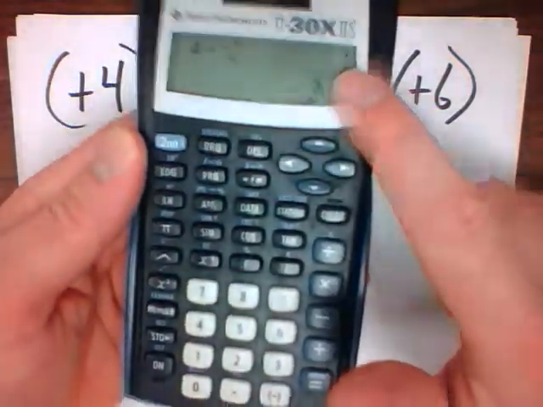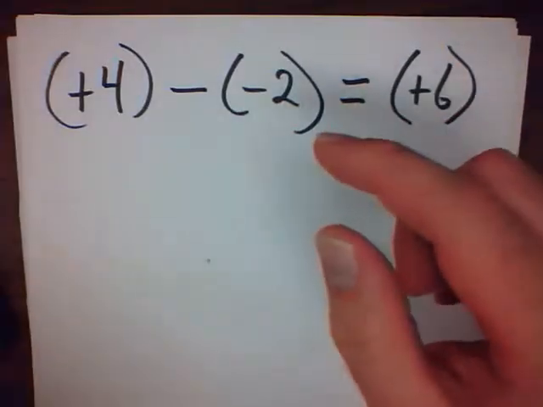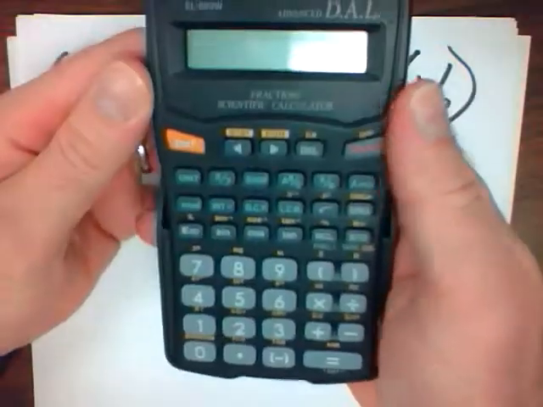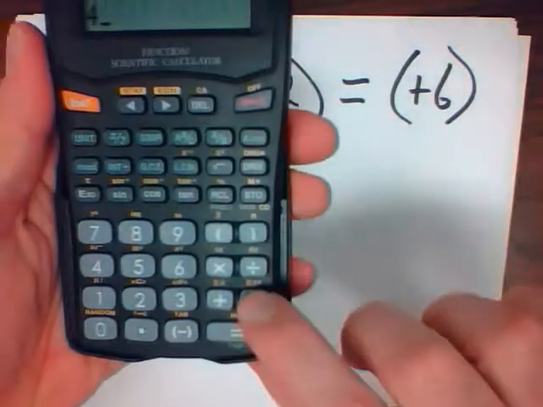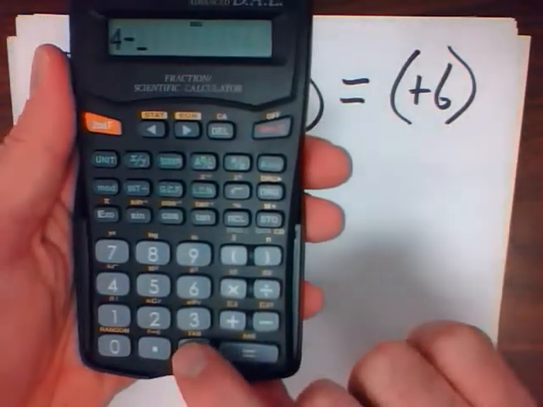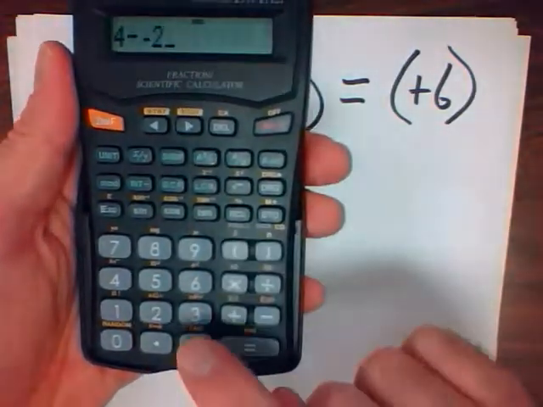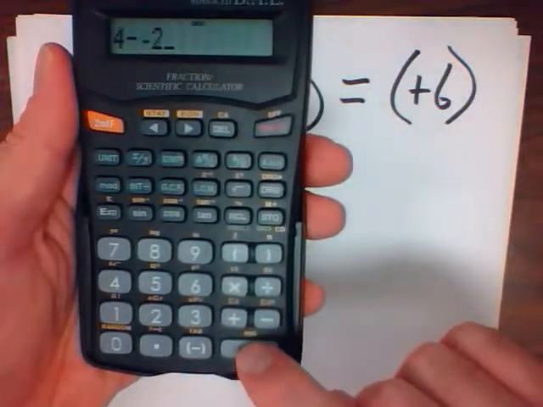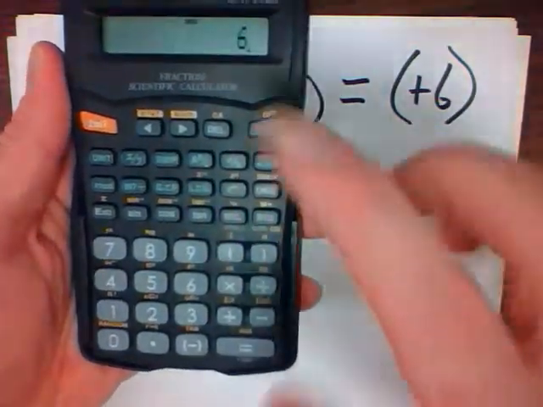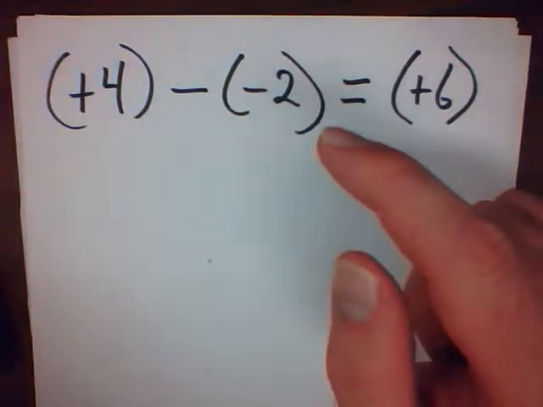This calculator works a little differently than the other ones. Another calculator. This one, 4 minus, notice the negative sign here, negative 2. This one I have to press it first in order for it to work. Each calculator is slightly different.